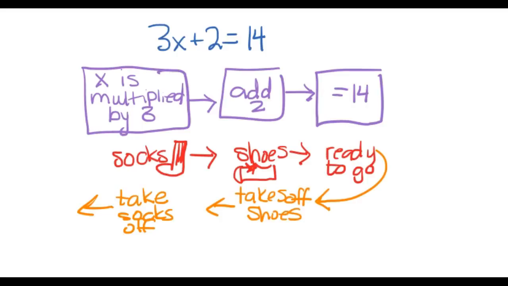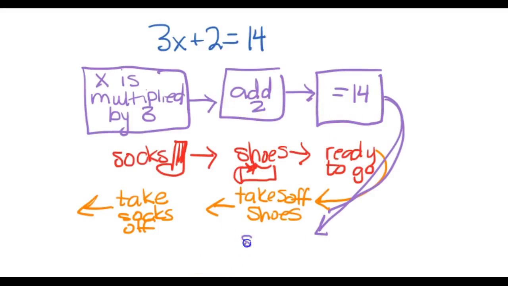So, in the same type of thing here, this purple equation, if I want to undo this, bring that arrow down farther, the first thing I have to do was the last thing I did. So, like right here, my shoes were on, I had to take the shoes off first. I added 2, I have to take that off first.